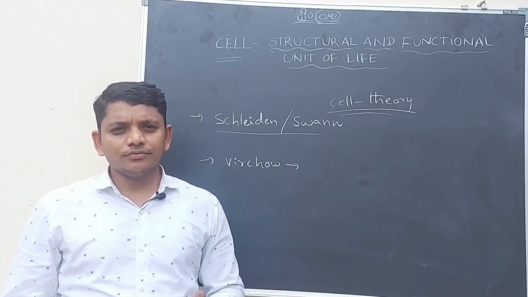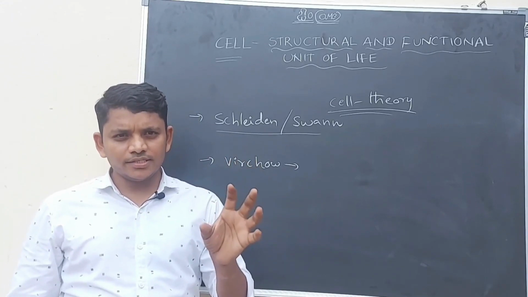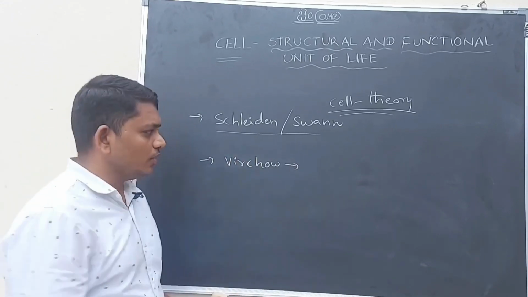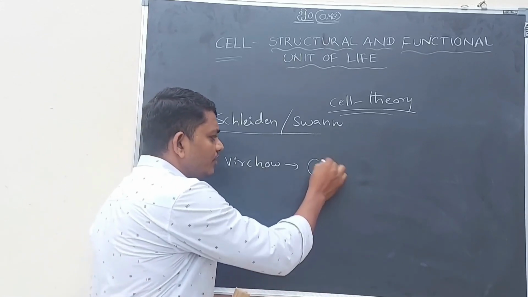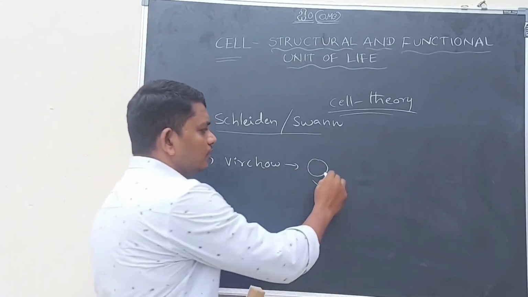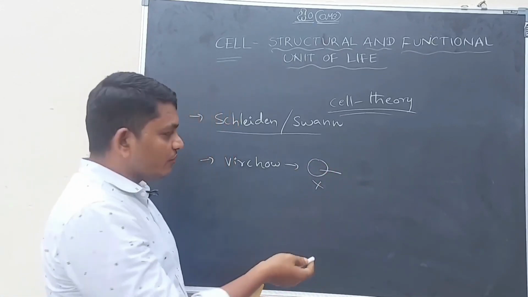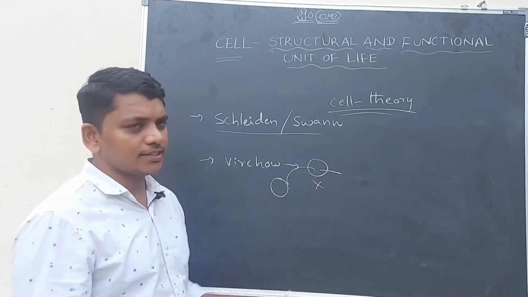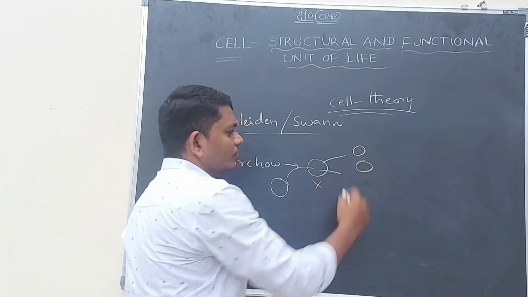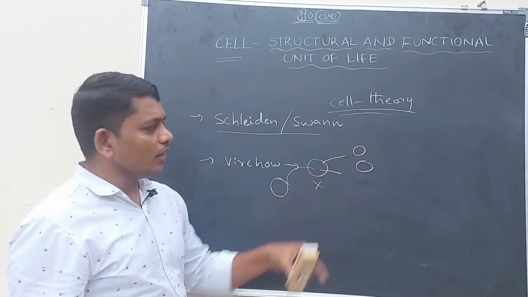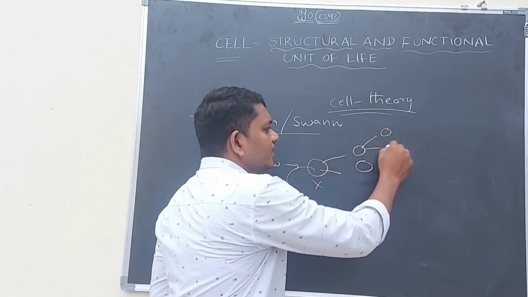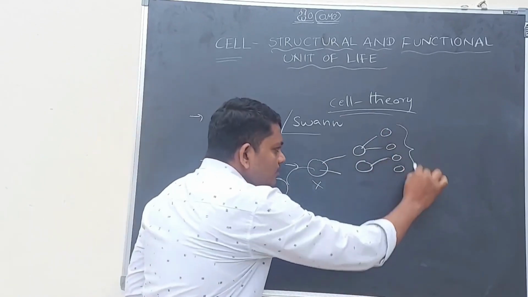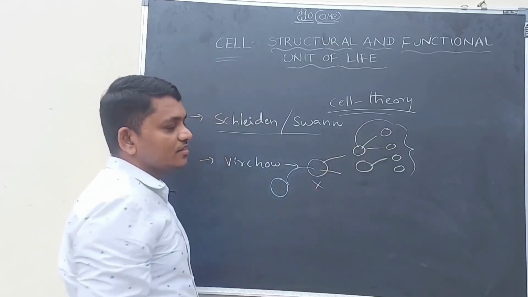He said that all cells come from pre-existing cells. For example, if there is a cell, this cell comes from a pre-existing cell. If new cells come from it, if it gives rise to two cells again, then all these cells are coming from pre-existing cells.